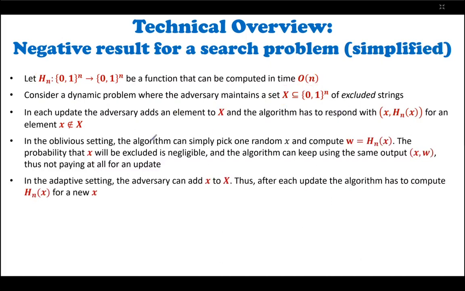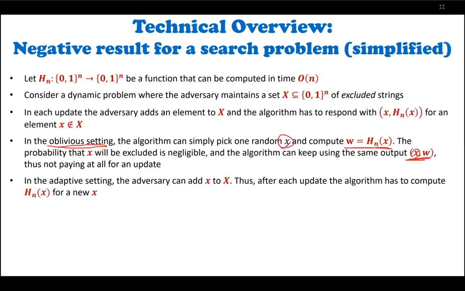And indeed, in the oblivious setting, this is a trivial problem because the algorithm, on its first step, could just randomly sample one element x, compute its hash value, and then just output the random x that it chose with its hash value for a very long time.